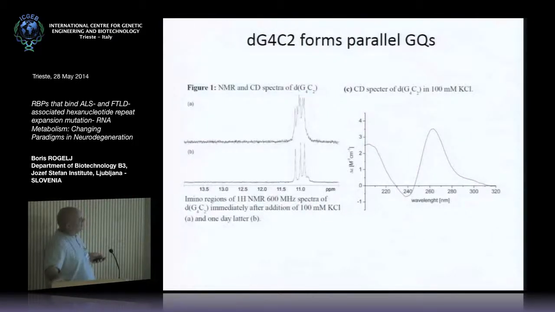uniform structure. And then the CD spectra, so circular dichroism spectra, of this show a spectrum that is characteristic of parallel G quadruplexes.